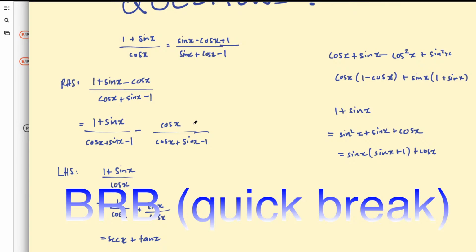Multiplied by the conjugate. I don't want to do that. Which one? The right hand side by the conjugate? What would that even be? Cosine plus sine plus 1?